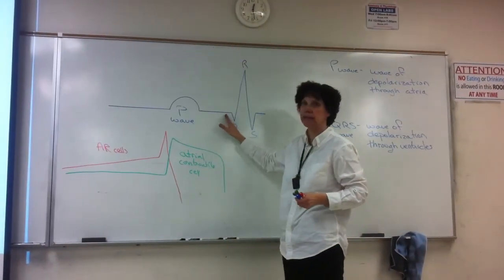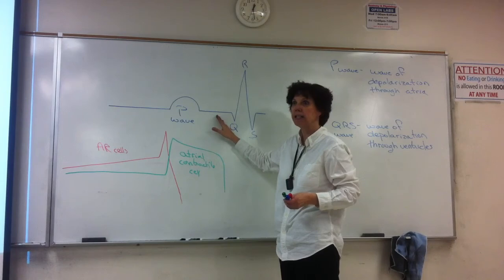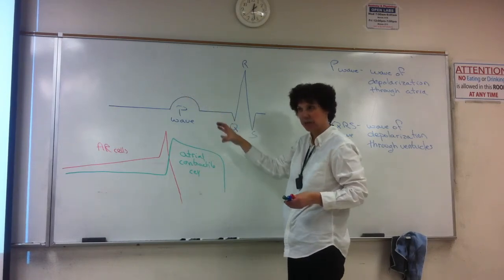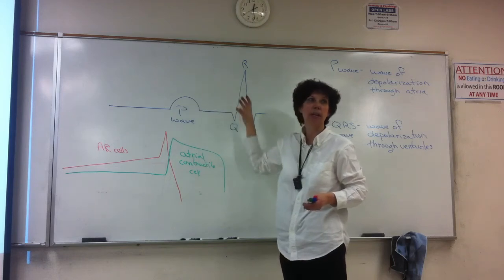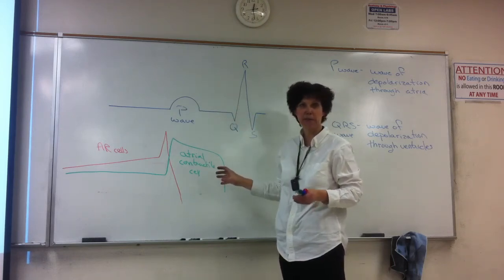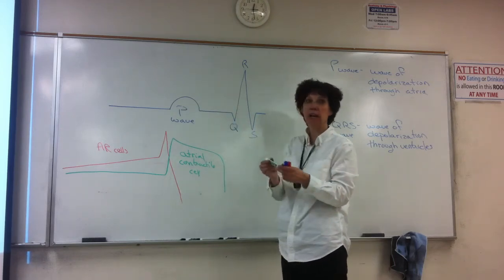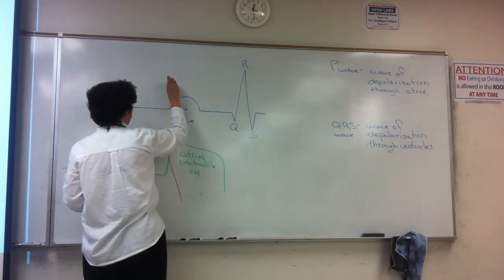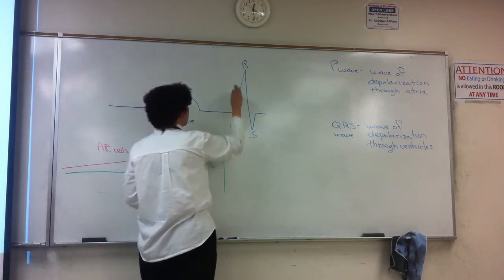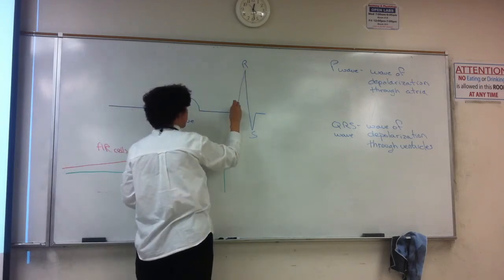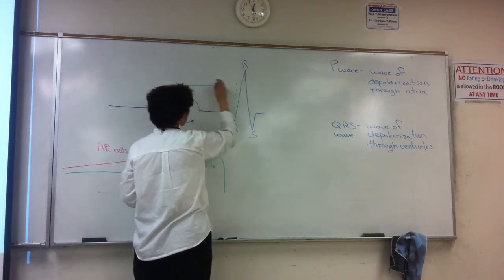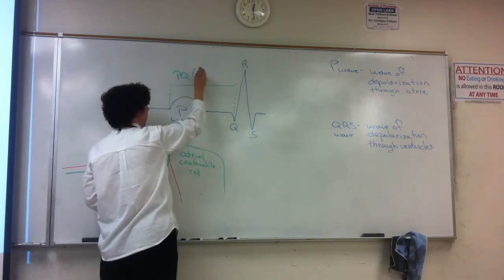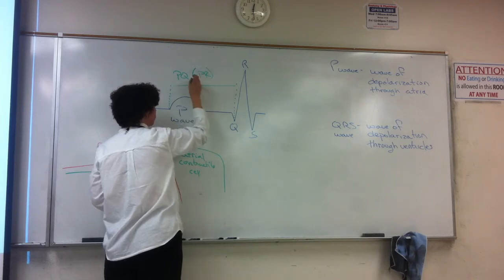This interval, known as the PQ or PR interval, is the time it takes for conduction to reach from the AV node to ventricular muscle cells. When you measure it on the machines, it's from the beginning of the P to the beginning of the R or the Q, and this is known as the PQ or PR interval.